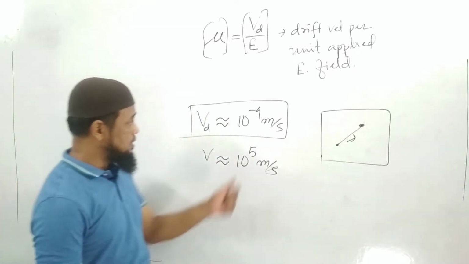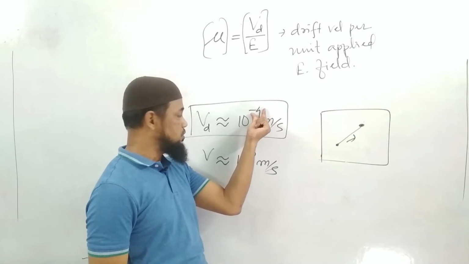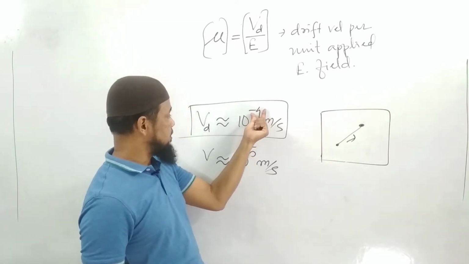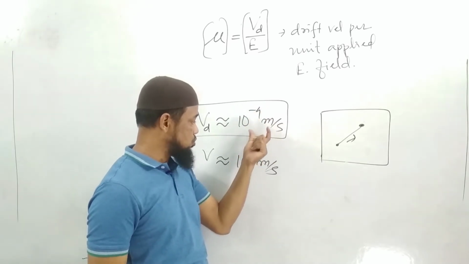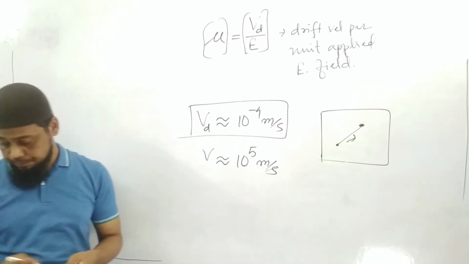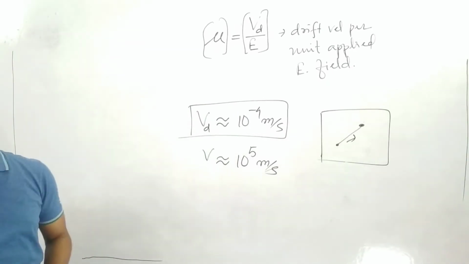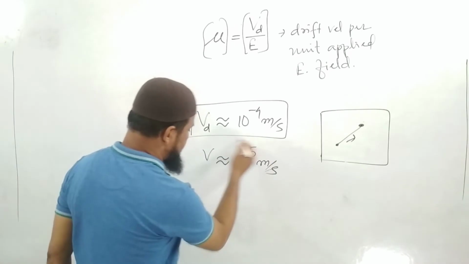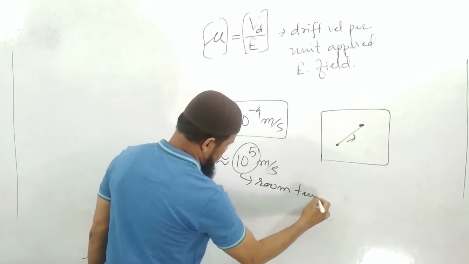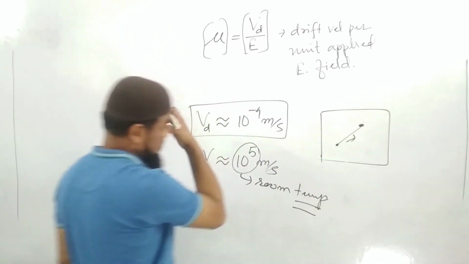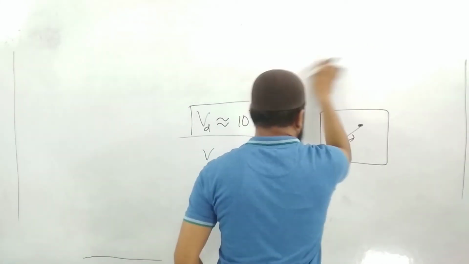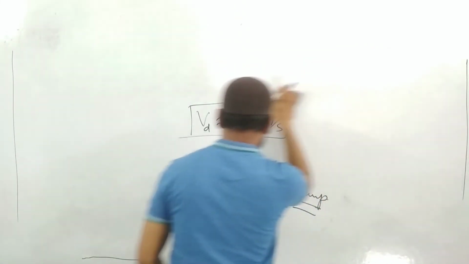So the drift velocity, the velocity gained by the electron under the action of an electric field, is too small in comparison to its thermal velocity, and this is the thermal velocity at room temperature.